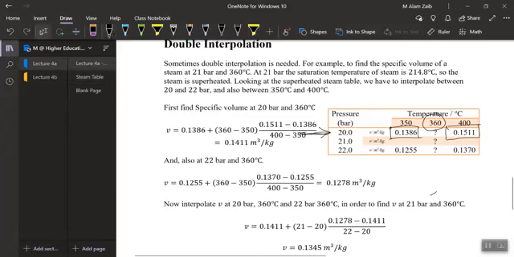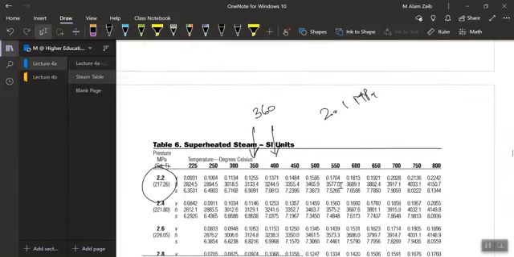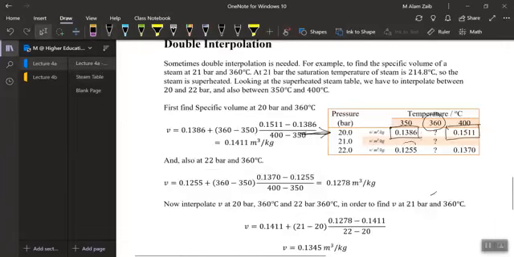Similarly, at 2.2, I have a volume at 350 and a volume at 400, but I do not have a volume at 360. So what does that actually mean?